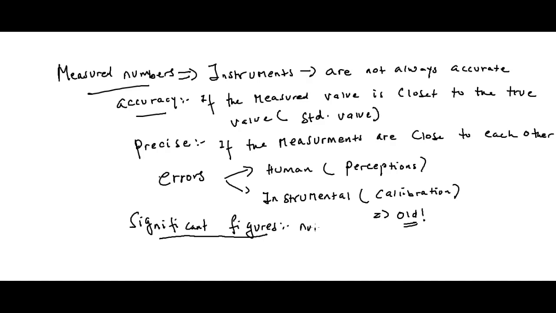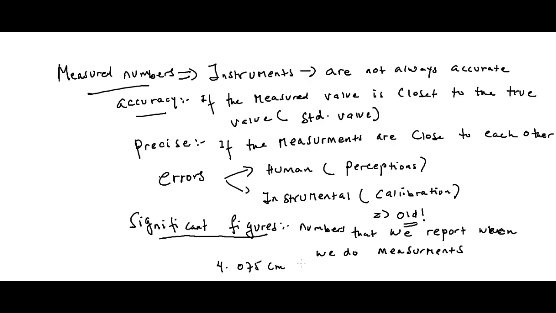Significant figures are the numbers that we report when we do measurements. I can give you an example. We will have 4.075 centimeters. In this case, this is the length of some object, and we will have 4 significant figures here.